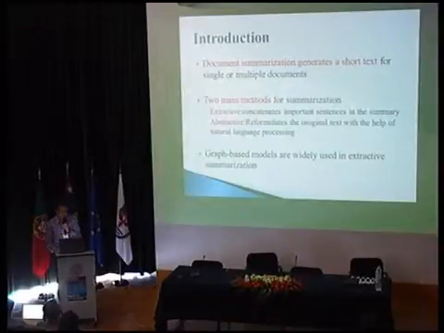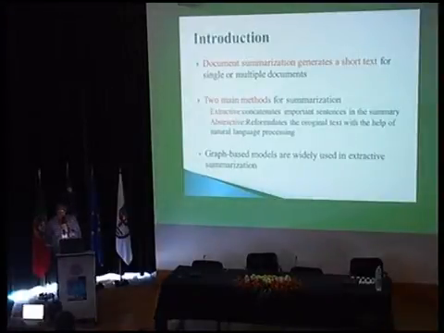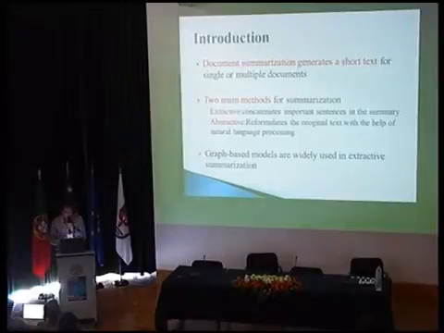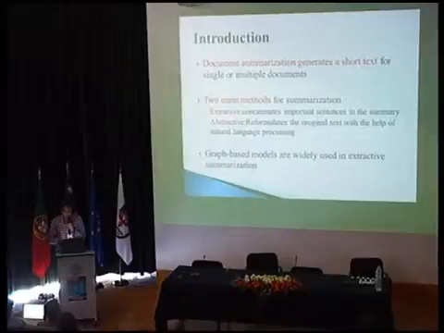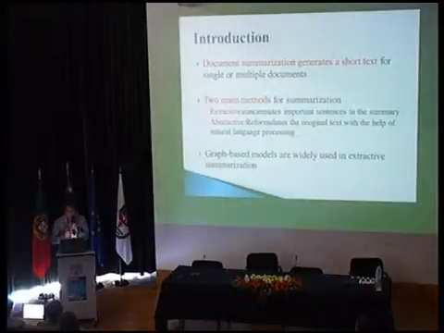So what is summarization? Summarization means generating a short text for a single or multiple documents. There are two main methods for summarization: one is extractive and the other is abstractive. In the extractive method, the system tries to concatenate only important sentences into the summary, and in the abstractive method, the system tries to reformulate or retell the original text in the summary with the help of natural language processing.